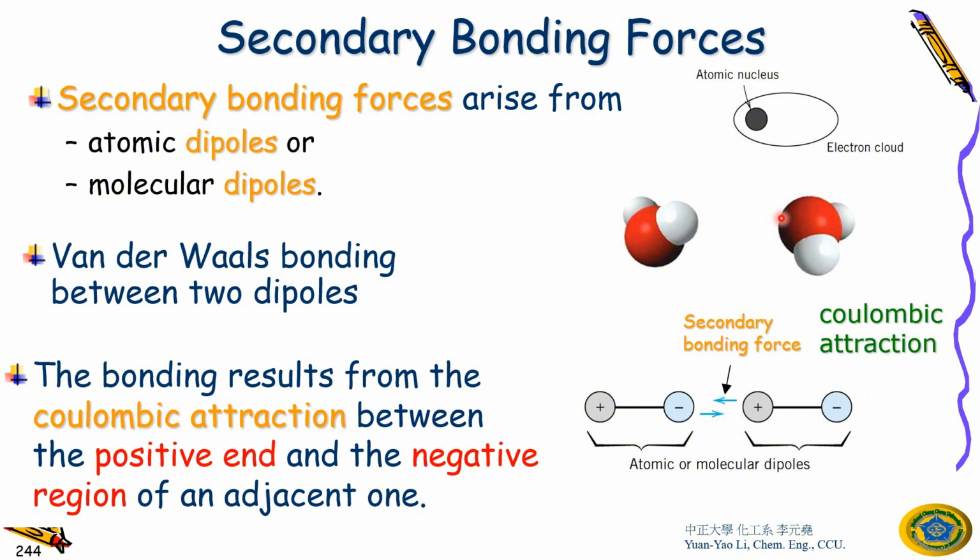Positive charge, negative charge. This is Coulombic attraction between the positive end and negative regions of the adjacent molecules. So again, positive charge, negative charge, positive charge, and there's an interaction, Coulombic attraction.